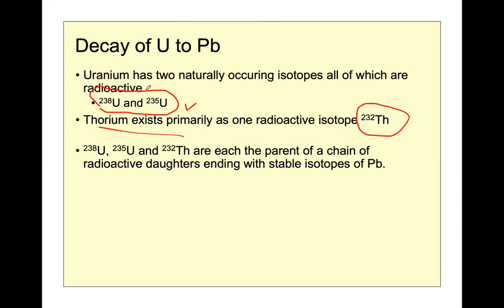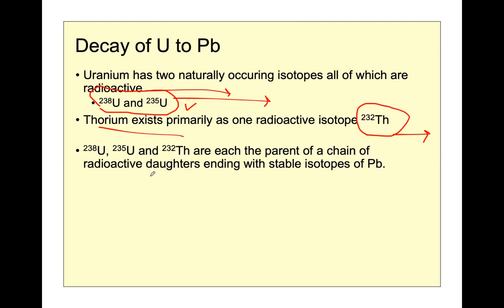So in this situation, you can expect uranium 238 decays, uranium 235 decays, and thorium 232 decays. Therefore, you must expect three decay schemes for this system, producing lead isotopes.